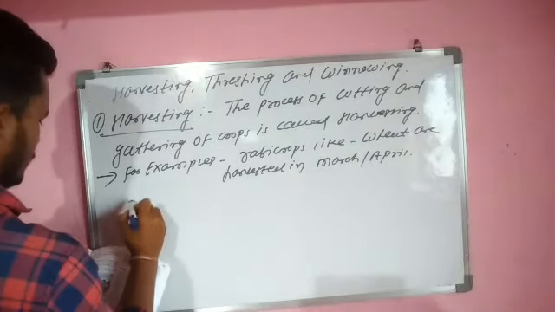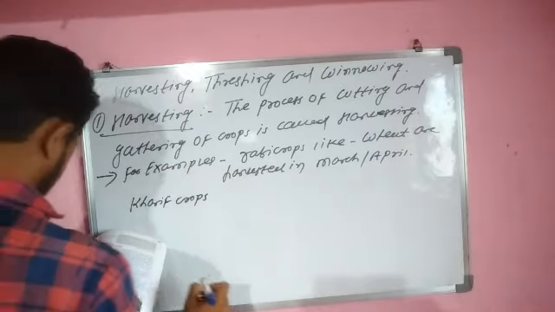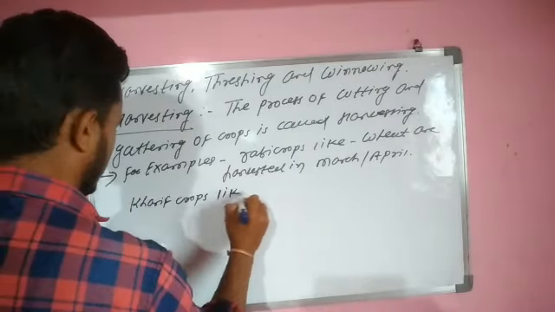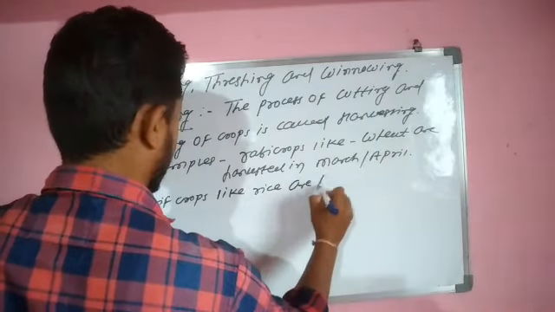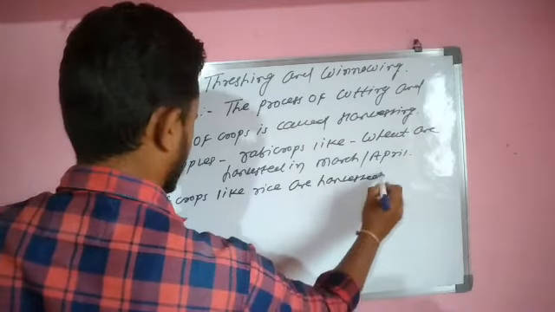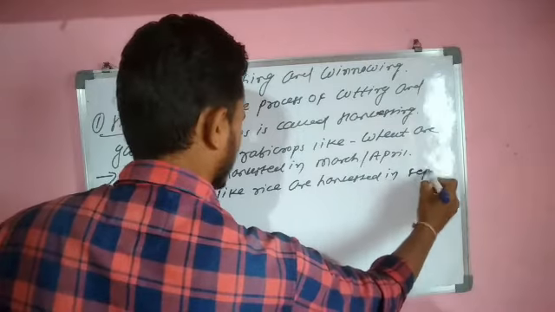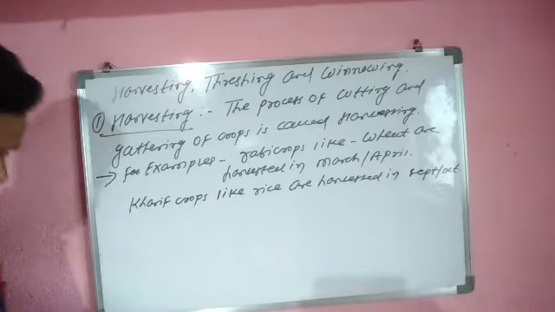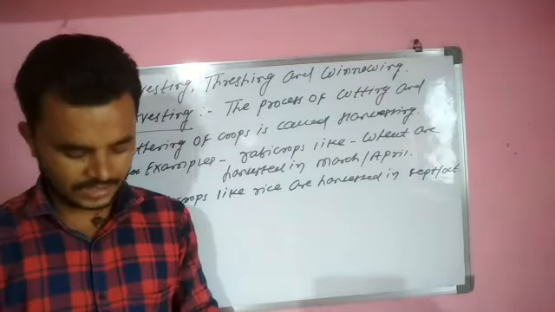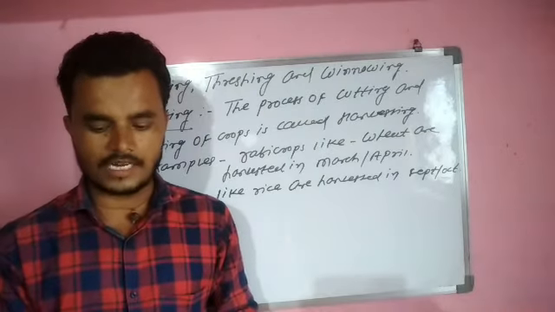Next, for example, kharif crops like rice are harvested in September, October. Understand? Also, in India, harvesting is done either manually with the sickle or with the help of a machine called the harvester.